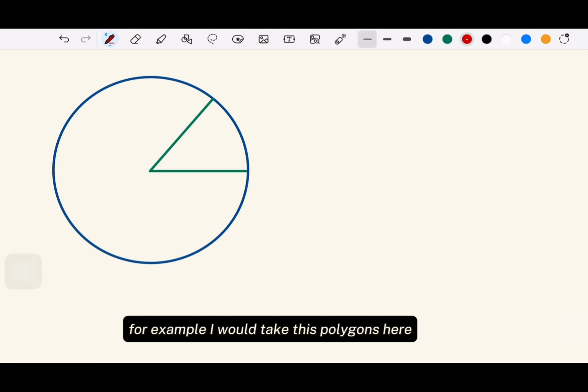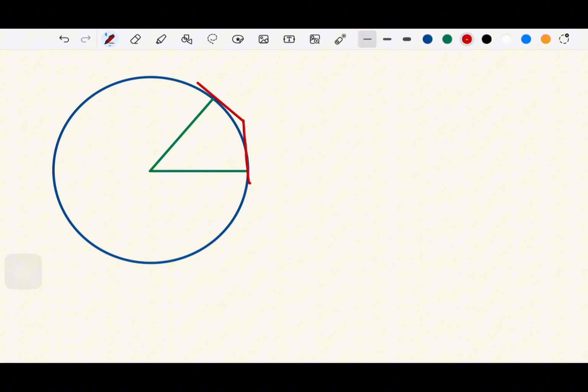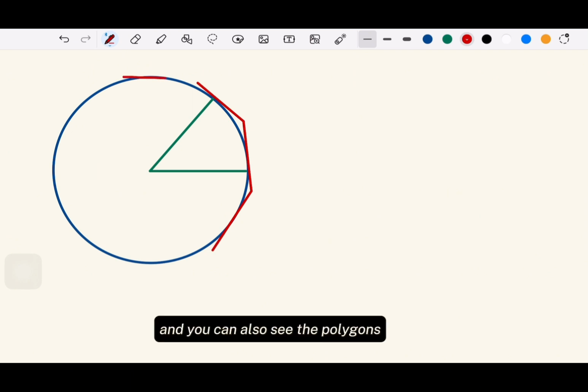For example, I will take this polygon here, this one side here, and then another side there. You can also see the polygons.